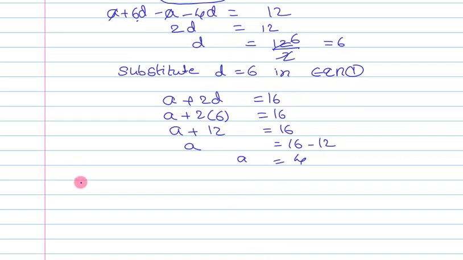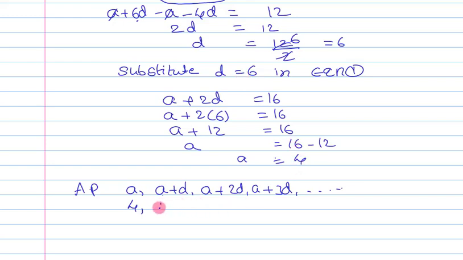Now in the required AP, we know the general form of an AP, that is a, a plus d, a plus 2d, a plus 3d, and so on. Here in the required AP, we know the first term a, and to get the second term, to the first term we need to add the common difference.